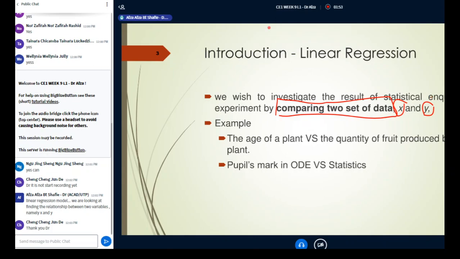For example, let's say you have a heat exchanger, and you have only two variables of interest: the yield, and let's say the pressure. You want to look at how the yield is related to the pressure.